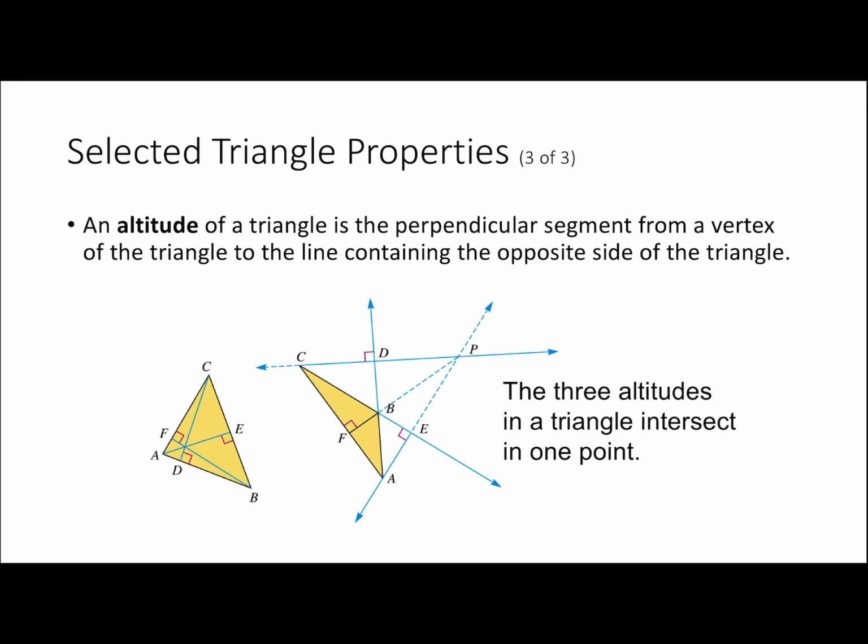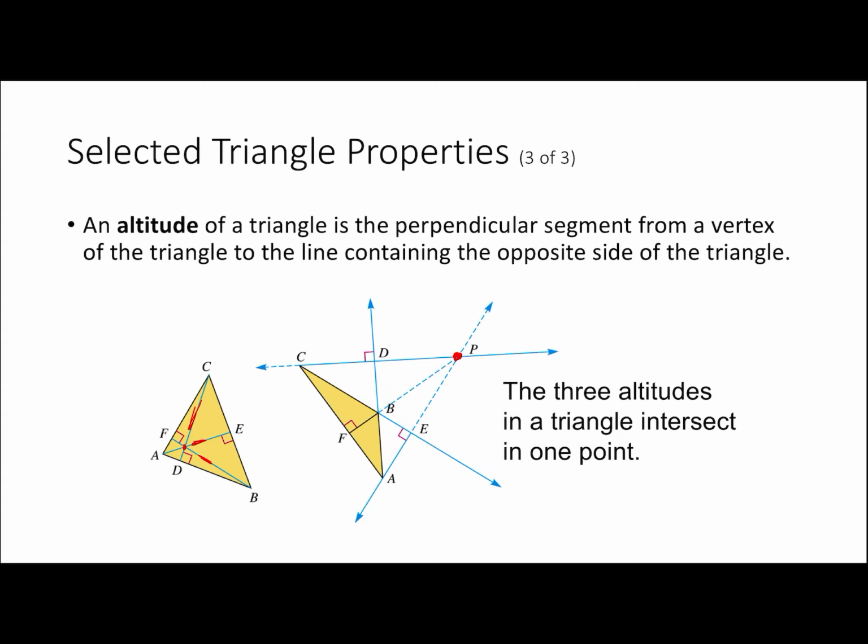So let me show you this. There's our definition of altitude. An altitude of a triangle is the perpendicular segment from a vertex of the triangle to the line containing the opposite side of the triangle. You can see in this first example, all the altitudes are inside the triangle, where this altitude and this altitude all come together at one point. In an acute triangle, that's going to happen.